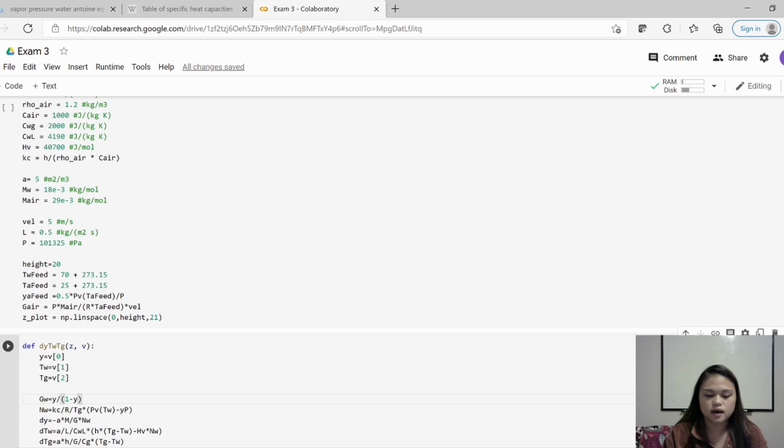And then you multiply that by the gas flow rate of the air, multiplied by the molecular weight of the water all over the molecular weight of the air.